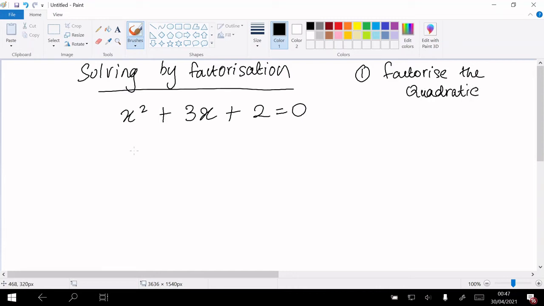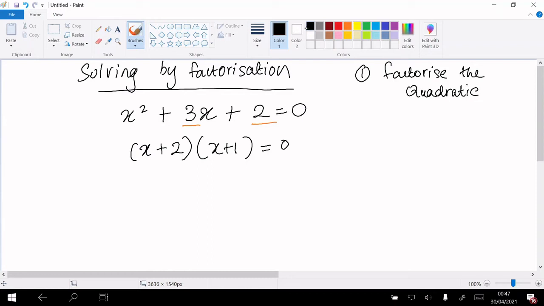So in this case, it will be x plus 2 and x plus 1 multiply is equal to 0. So how did I know it was 2 and 1? So I know that by thinking of two numbers that multiply together to give me 2, but add together to give me 3.